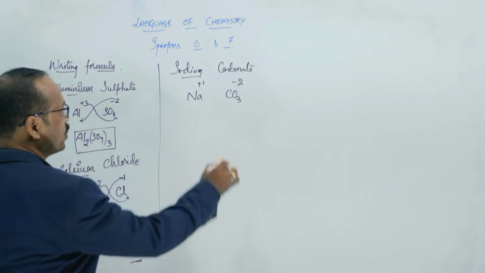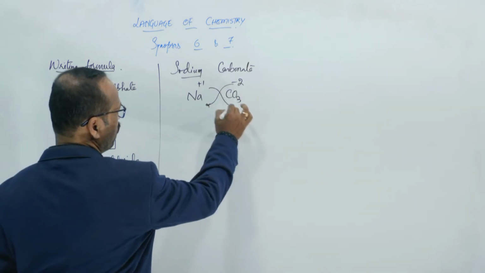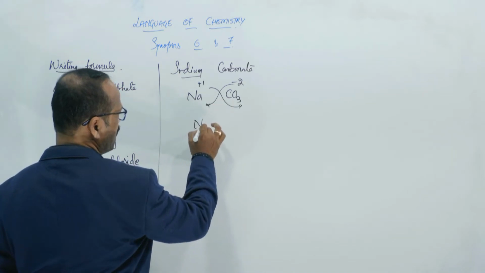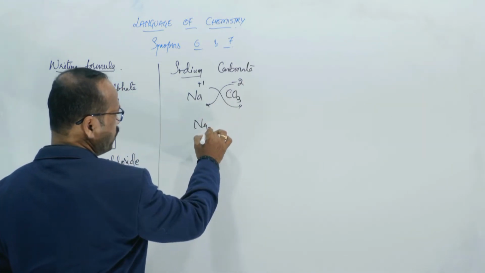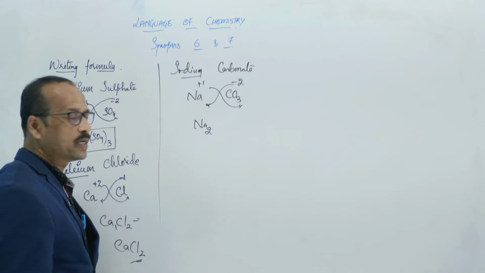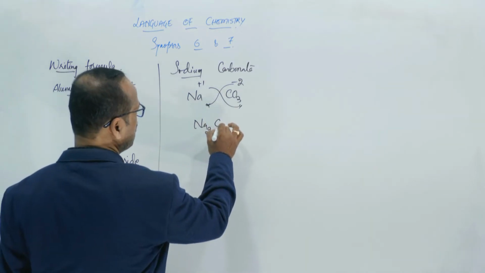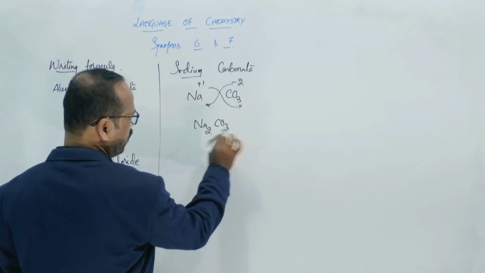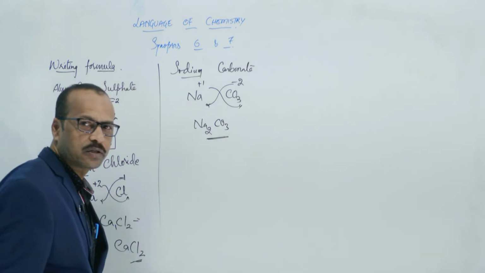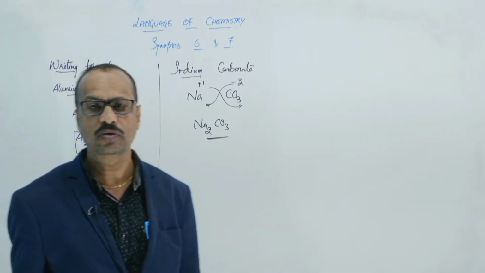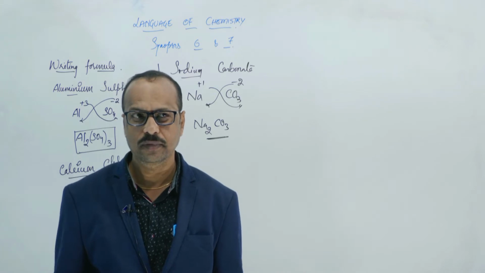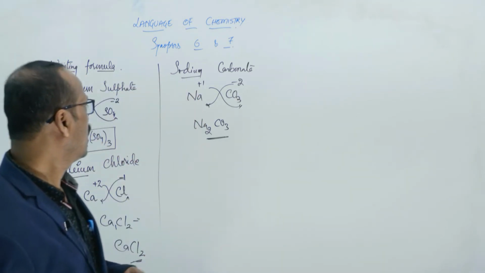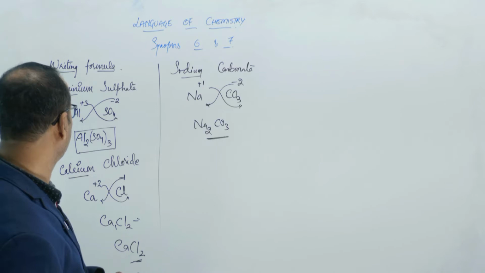Then what we need to do? Crisscross: 2 comes here, 1 goes there. So this becomes Na2, and you need not write the signs. And carbonate CO3, if 1 is there, you need not write it. So the formula of sodium carbonate is Na2CO3. Clear?